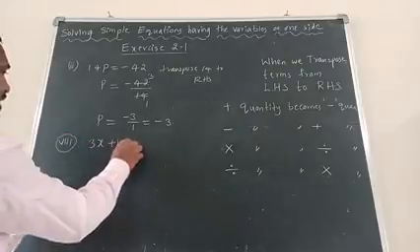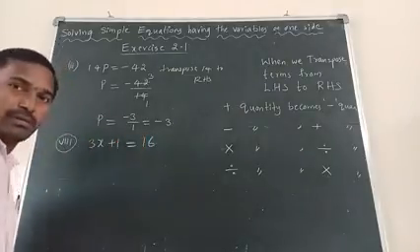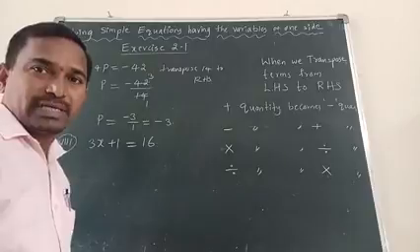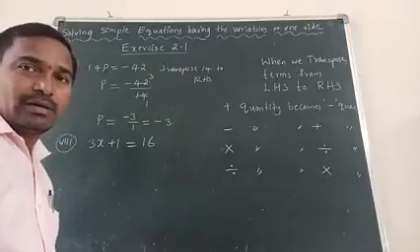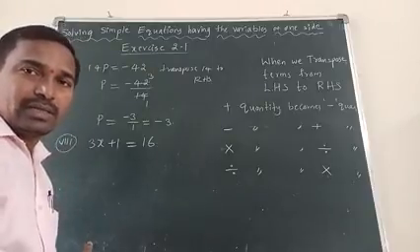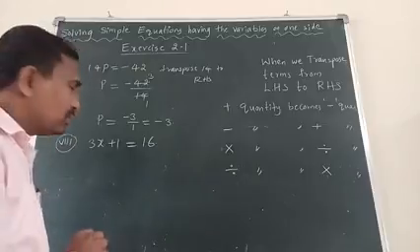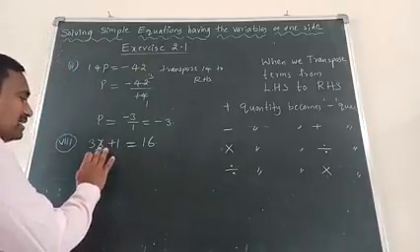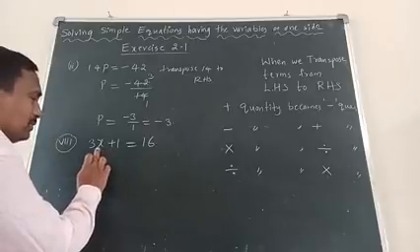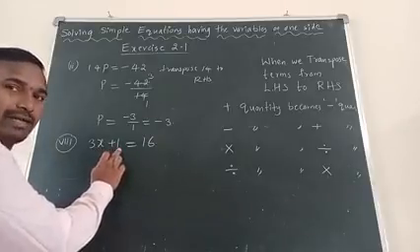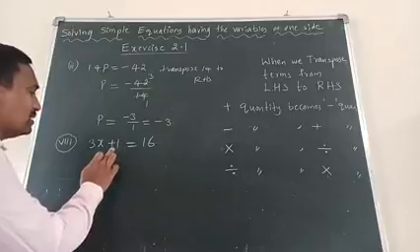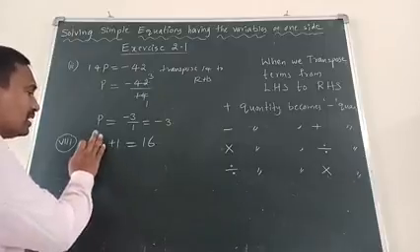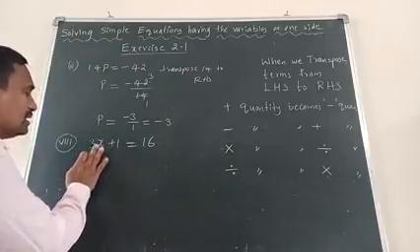Okay, now let us see another problem. 3x plus 1 equal to 16. Find the solution. Solution means find the value of x. Here LHS contains two terms, 3x and 1. So first, what are the terms other than the x term? 3x is the x term.